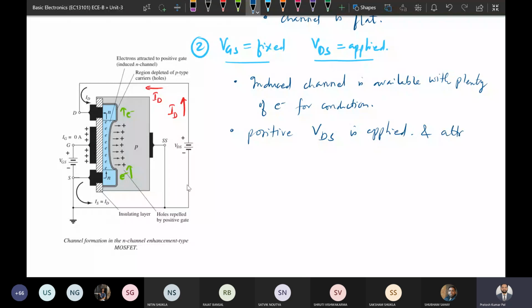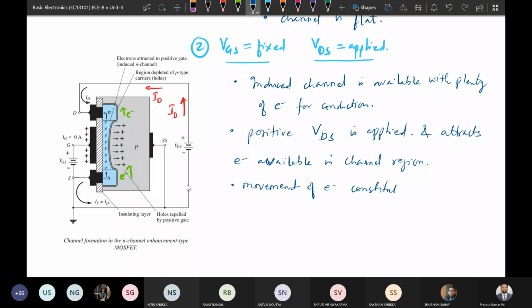we can write, positive VDS is applied and attracts electrons available in the channel region. So whatever electrons are available in the channel region, it will be attracting those electrons, and this movement of electrons basically constitutes the drain current.